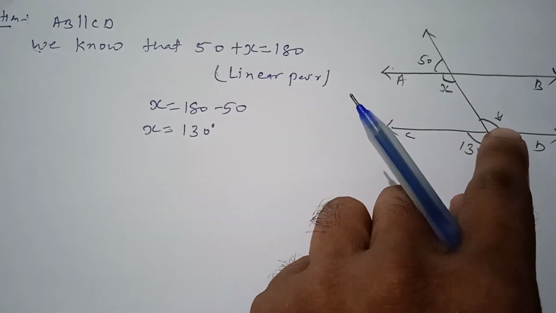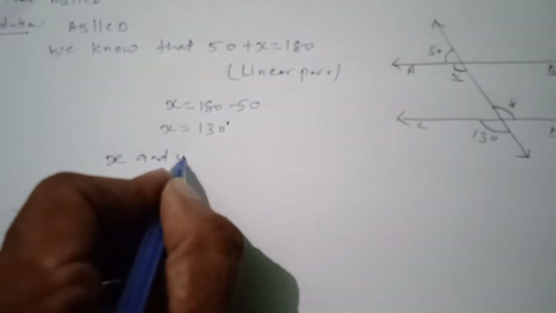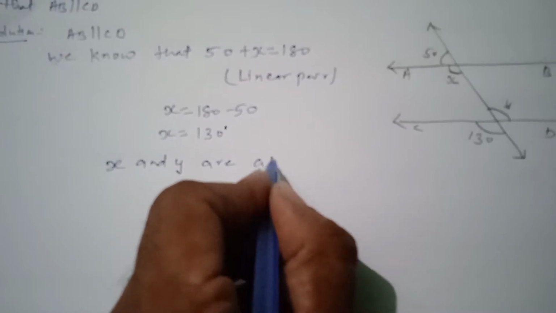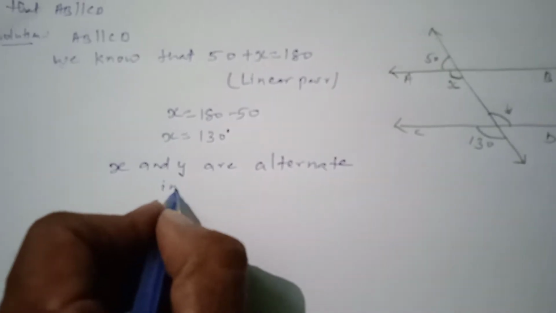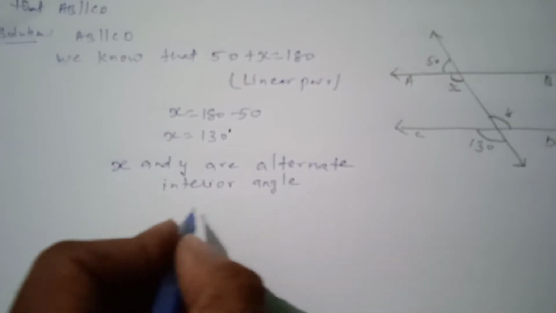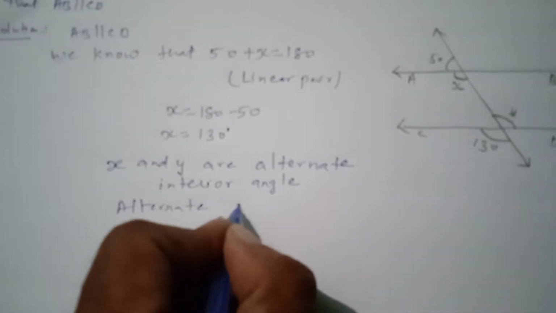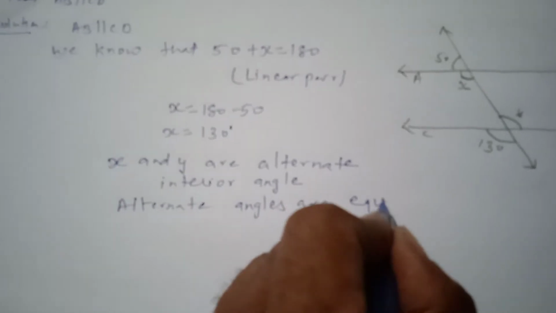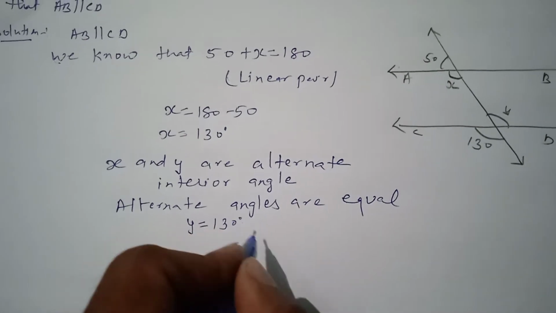X and y are alternate interior angles. Alternate angles are always equal. Therefore, y is also 130.